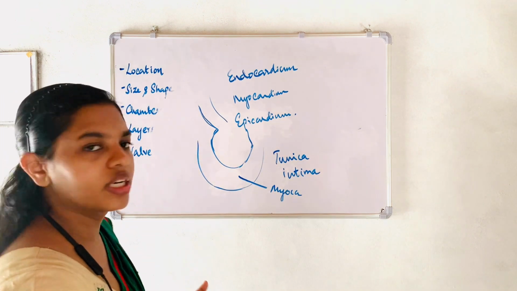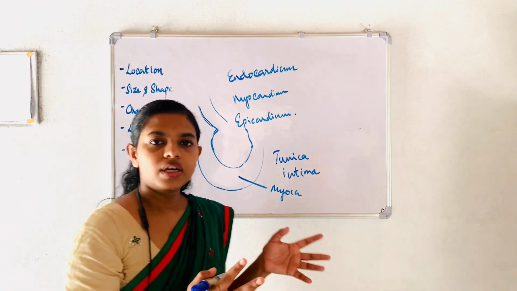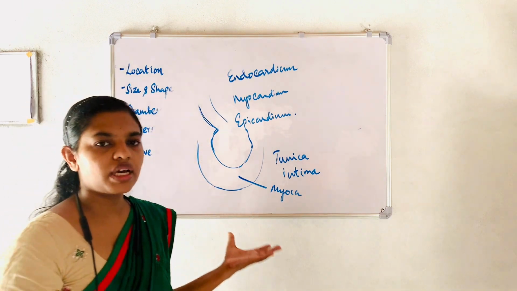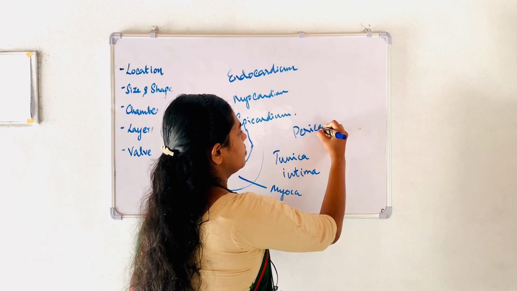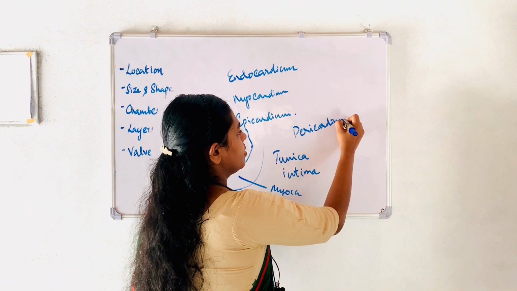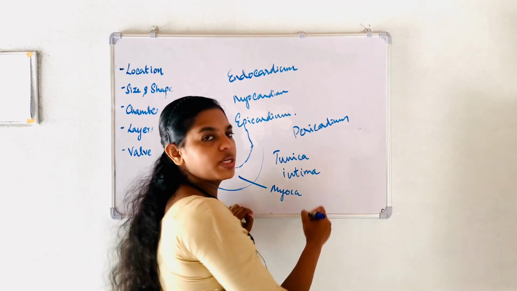Outer to the epicardium, it is covered by another sac, known as the pericardium, or pericardial sac.